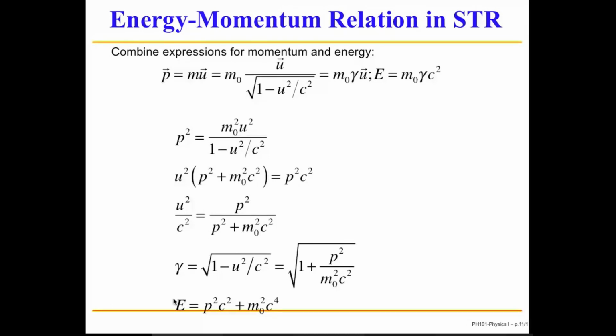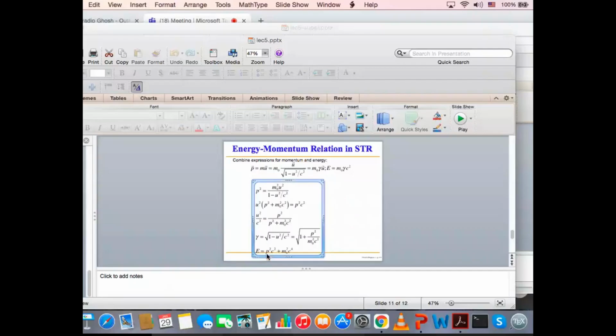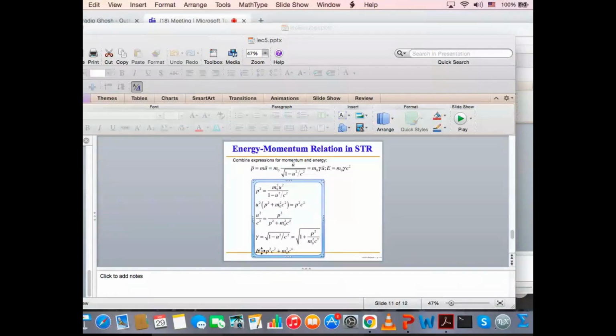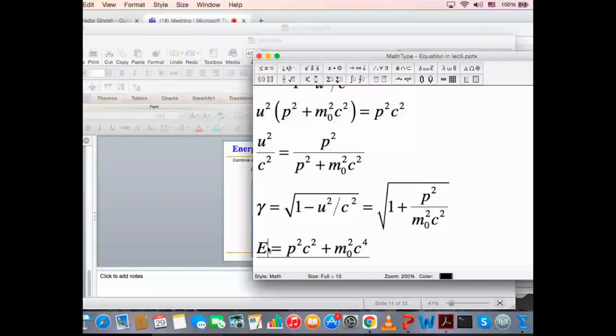So you see, if there are massless particles like photon is a massless particle, neutrino is a massless particle. For them, this term is 0 because m naught is 0. So then the energy momentum relation is simply equal to p square c square. I'm sorry, I missed one line here. Excuse me, very sorry. This should not give a wrong impression.